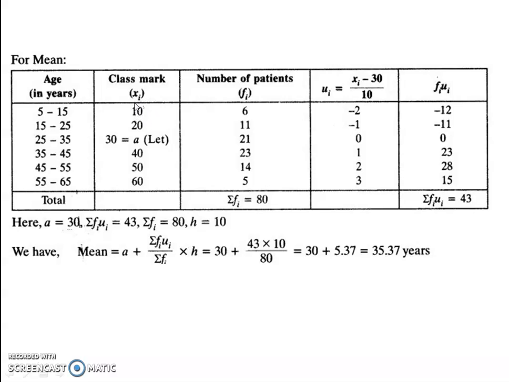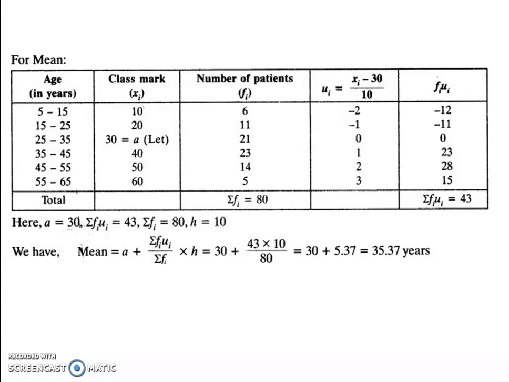Clear, children? Then the next step is di. What is di? 10 minus 30, minus 20. 20 minus 30, minus 10. Find di. Then what is ui? Ui is di by h. Tell me what is h? h is upper limit minus lower limit for continuous intervals.